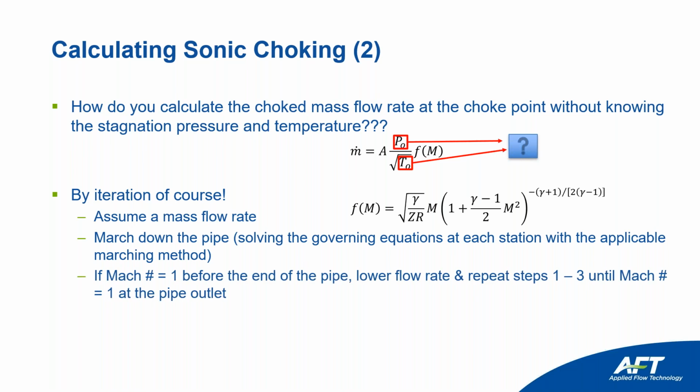And if the Mach number equals 1 before the outlet of the pipe, then you would lower the flow rate and repeat steps 1 through 3 until your Mach number equals 1 right at the outlet of the pipe. And so that iteration is how you would calculate the choked mass flow rate when you don't know what the pressure and temperature at the choke is.